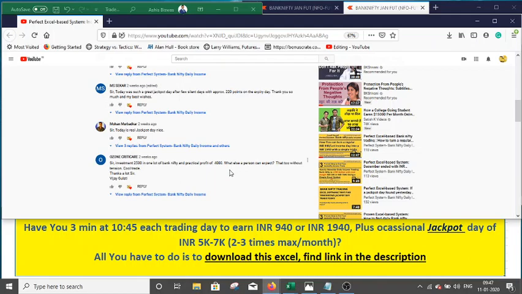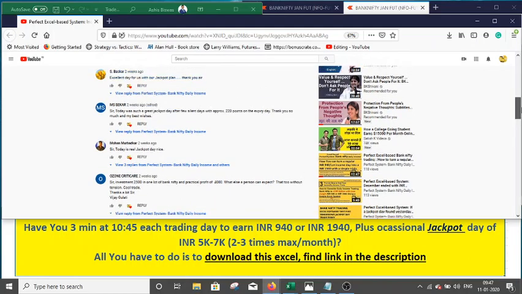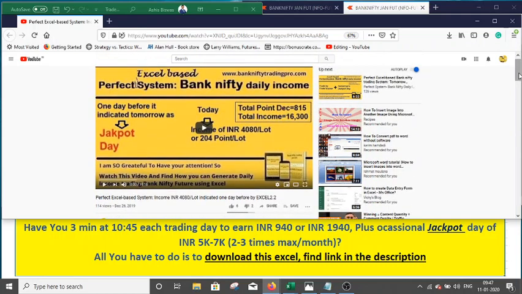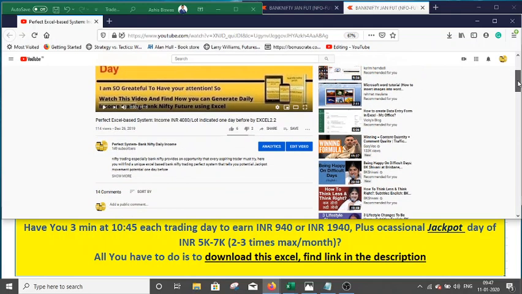That means around 200 points. So all of those who have this jackpot system and traded the jackpot day earned 200 points, as you can see in their comments. And I must thank all of you who commented on that day.